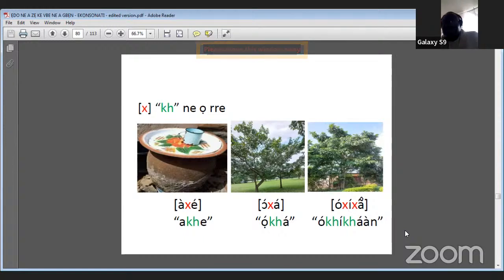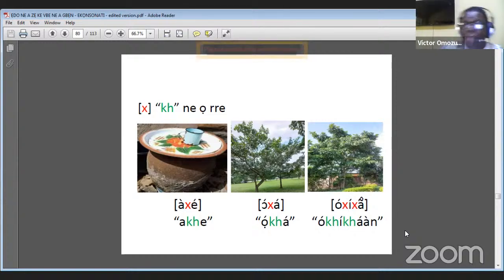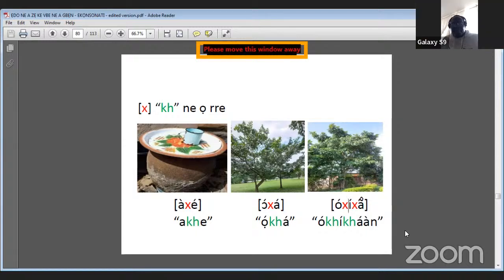Because if you write it the other way, as some people will, then the idea of a modulated tone is not there. That is why this writing system is meant to facilitate easy pronunciation by the reader.